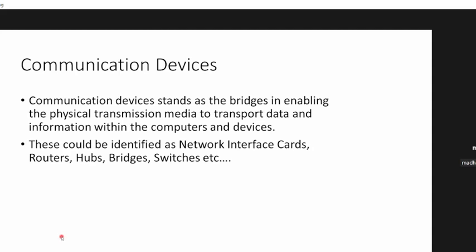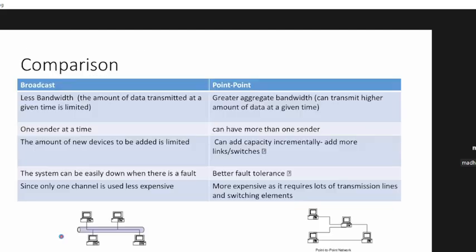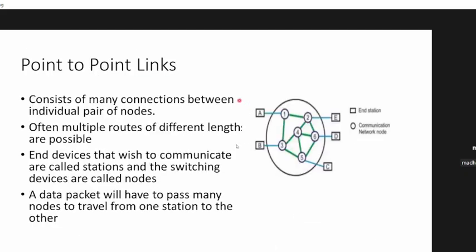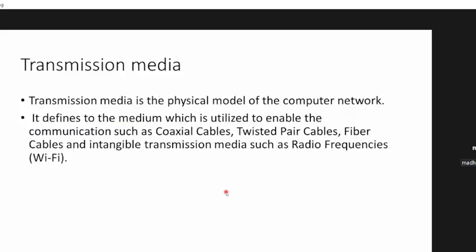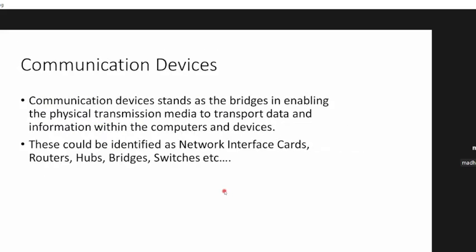And communication devices. In this kind of arrangement, you cannot connect the end devices directly with each other. There should be intermediate devices in between which send the data received from one end to the other end. These are called communication devices or switching devices. They are the bridges that enable the physical transmission media to transport data from one end device to the other.